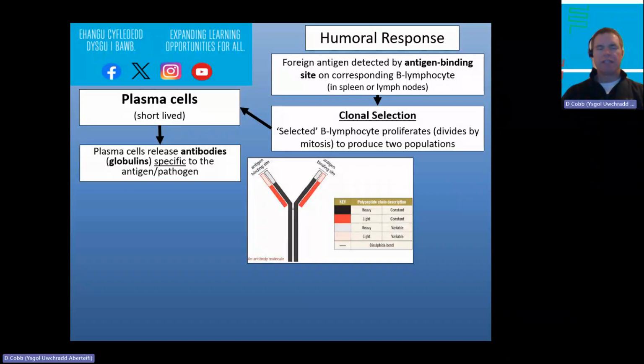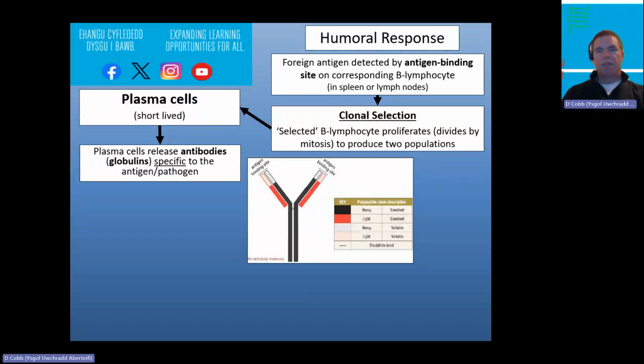So really, these antibodies are much like the antigen binding site, but they are not attached to the B lymphocyte. They are free to move and enter circulation and find other antigens. The correct term for antibodies is globulins, but it's okay to use the word antibodies. The key thing here is that they are specific to the antigen, and therefore specific to the pathogen.